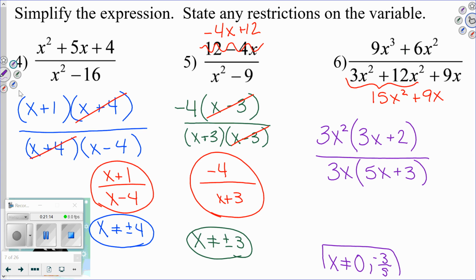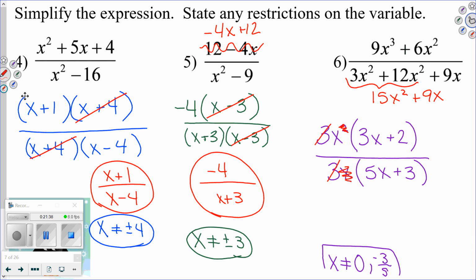Does anything cancel? Yes. This 3 and these x's, are they attached with a plus or a minus sign? No. So I can cancel this 3 with this 3. I can cancel this x with one of these. Now, can I cancel into here? No. These are held with a plus or a minus.